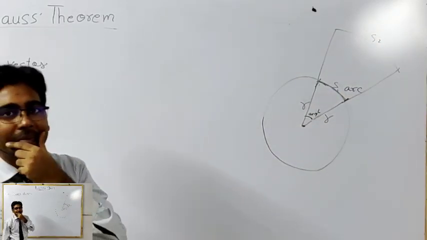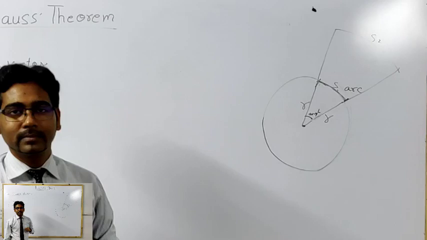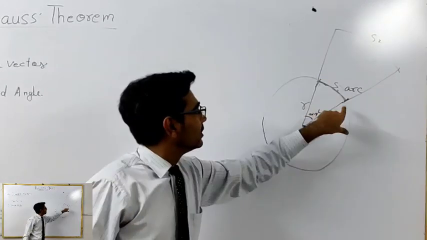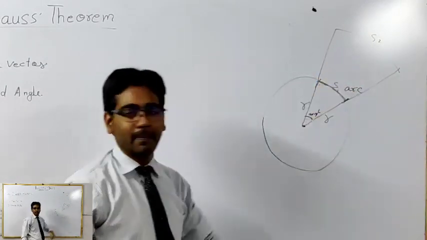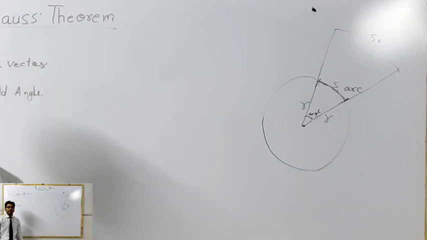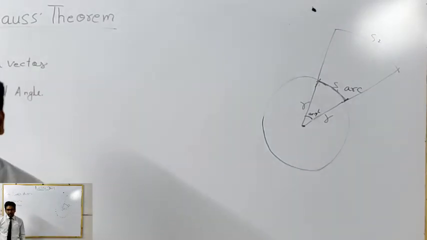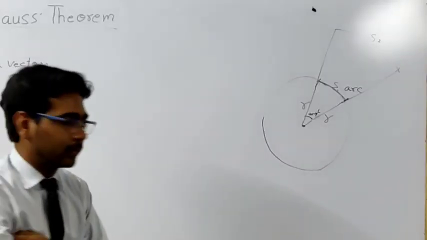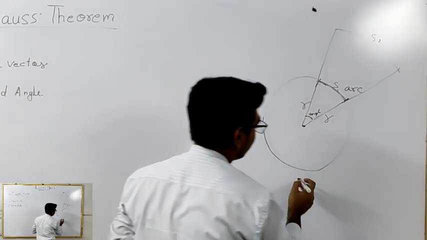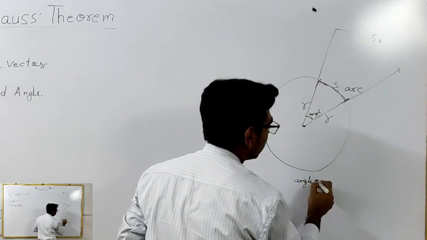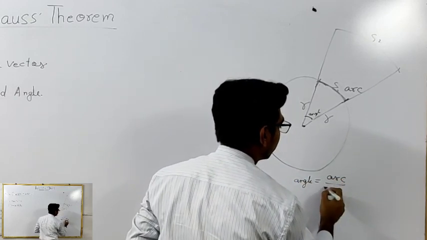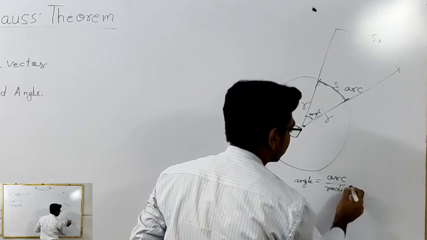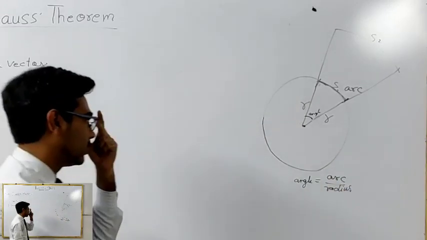If we increase the radius, we'll get a bigger arc. On your screen, you have a diagram. Previously, you know that from mathematics, angle is equal to arc upon radius.